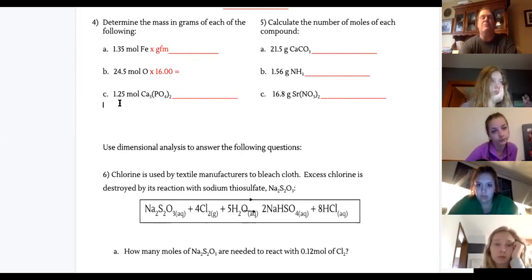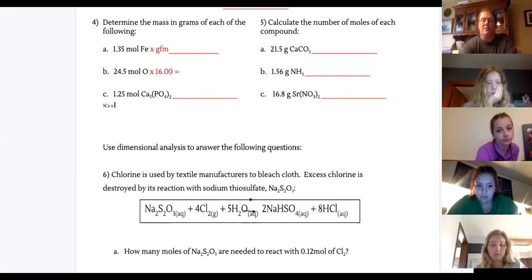So it looks like there's 3 calciums times the gram formula mass of calcium. Two potassiums and 8 oxygens.